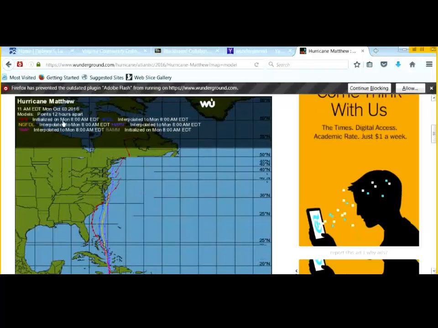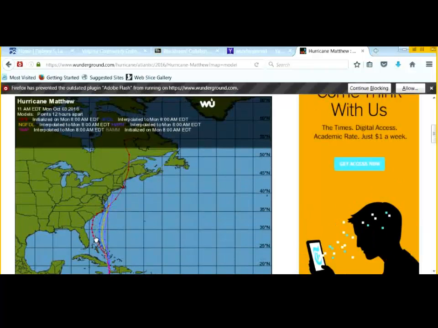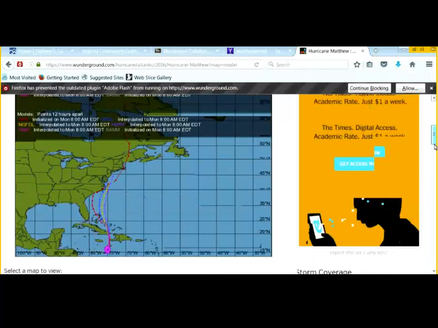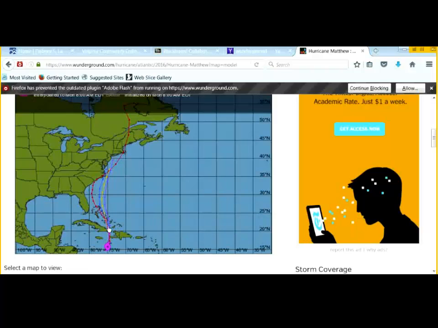So you have the GFS model, which is the red model, and it shows it going up along the East Coast, hitting North Carolina near Wilmington, and then going out to sea, and then coming back and hitting Boston. And then you've got these other models, and these are all averages of the models. Sometimes you believe more models than others, and when the different models come into agreement, then you have more trust. So down here you can see all of the models are pretty much on top of each other.